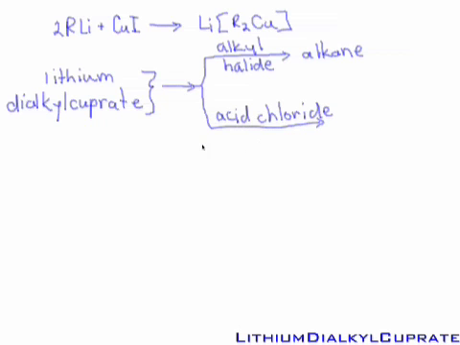Note, the reaction with acid chloride occurs at 0 degrees C to minus 78 degrees C. And you will get a ketone. The dialkylcuprate is usually used only if and when the dialkylcadmium reagent can't be used because it's restricted to methyl, primary, phenyl reagents. So organometallics can be used as a source of C minus if you like, and we've looked at a wide range of reactions and functionality utilizing these organometallics.